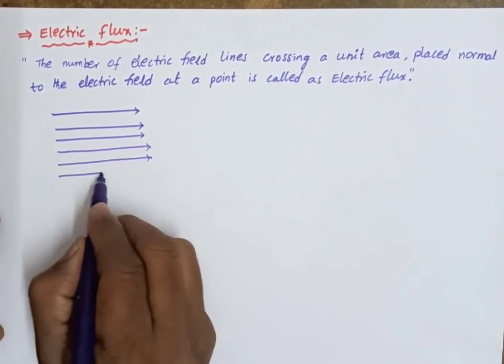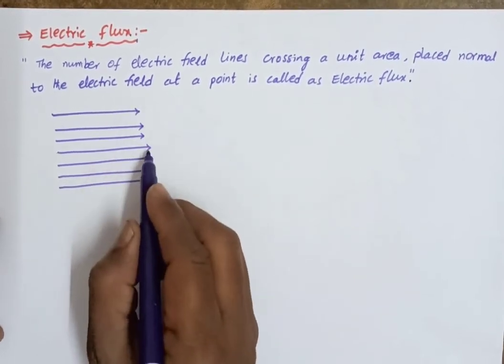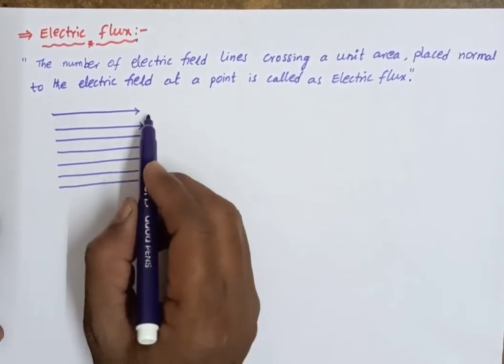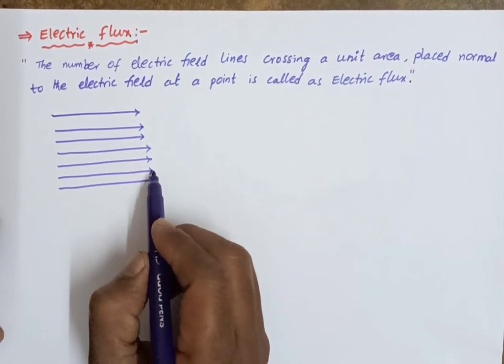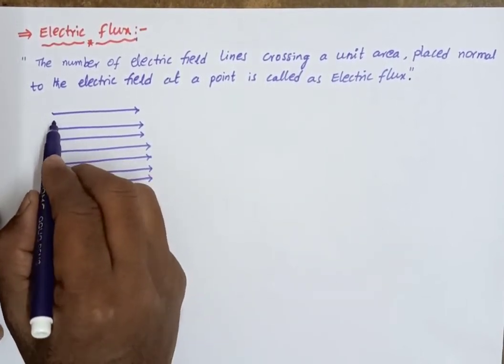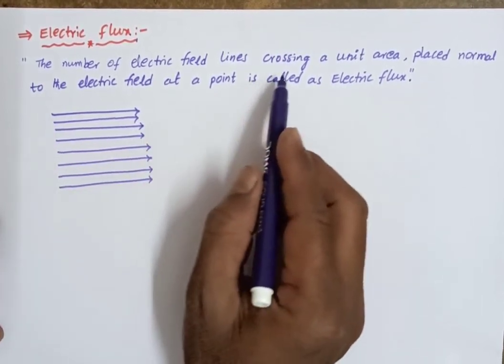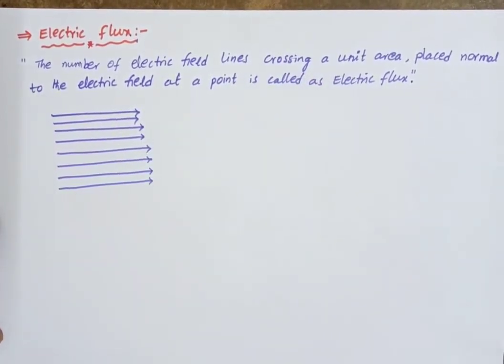Okay, these are the electric field lines. The arrow mark shows that they end at the negative charge and start from the positive charge. Here the electric field lines are crossing a unit area.